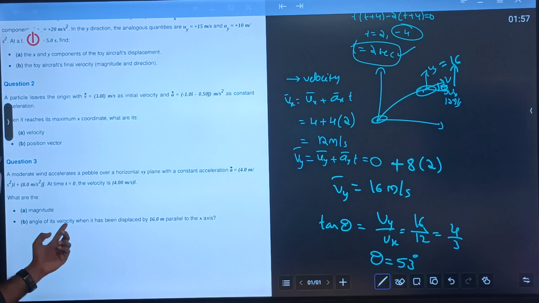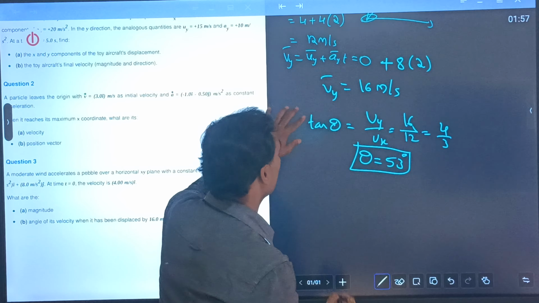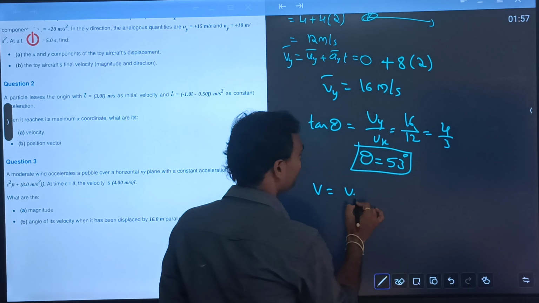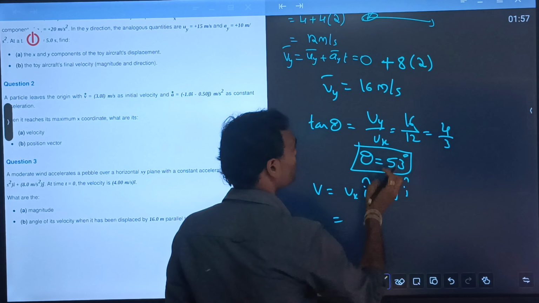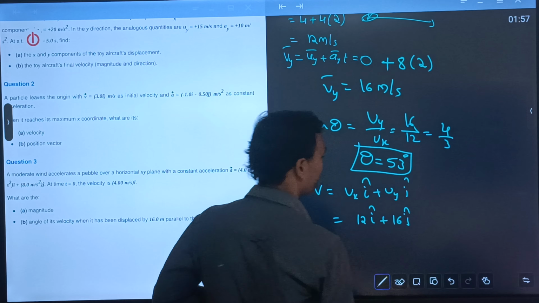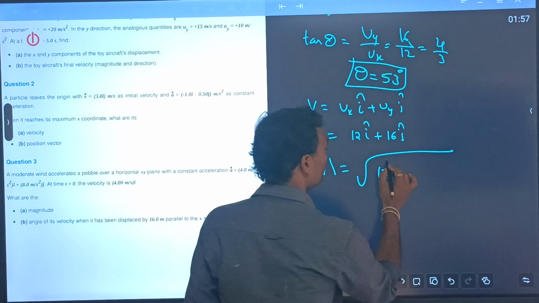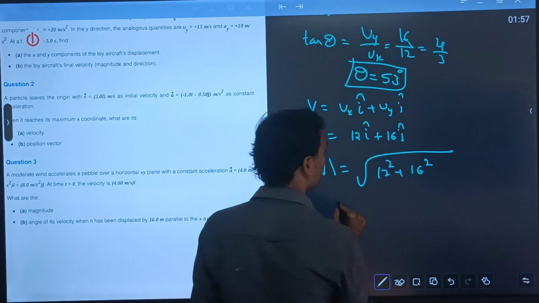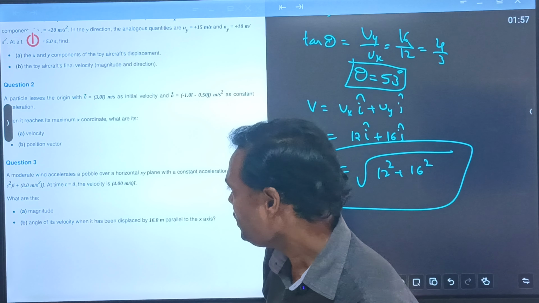They are asking for the angle of its velocity also, that's why I write the angle here. And the velocity is equal to Vx i plus Vy j, which is 12i plus 16j, right? And if you want the magnitude, you can write the square root of 12 square plus 16 square, and you will get the magnitude of the velocity, right?